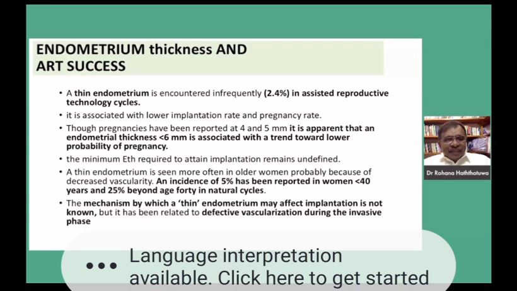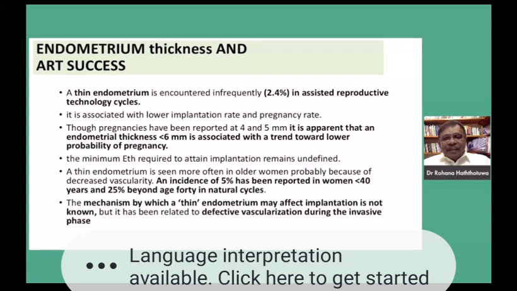Endometrial thickness is also something which may affect the success of ART cycles. A thin endometrium is encountered infrequently, in about 2.4% of reproductive cycles.